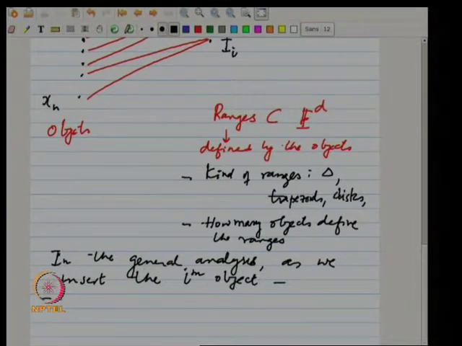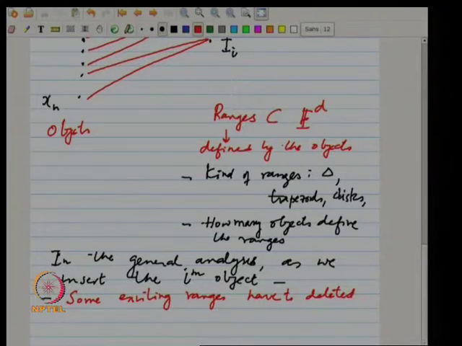One is that some existing ranges have to be deleted, some of the old intervals disappear, okay.